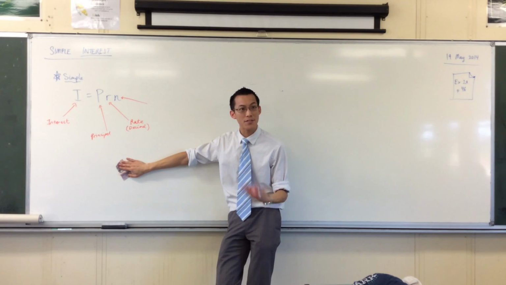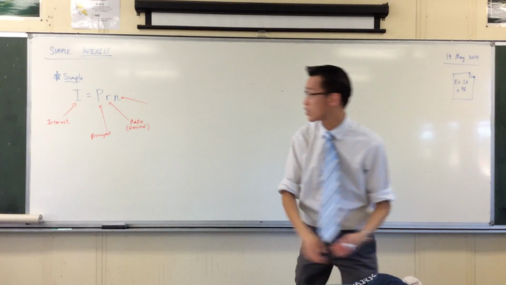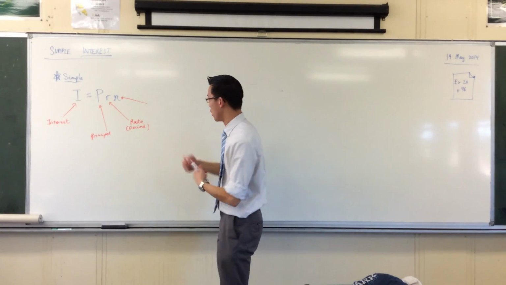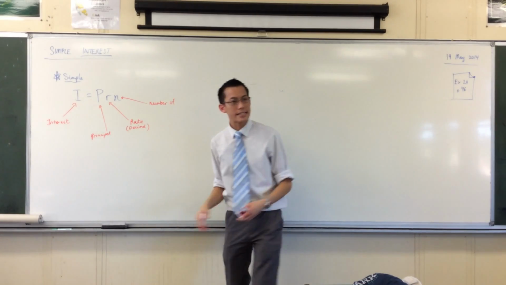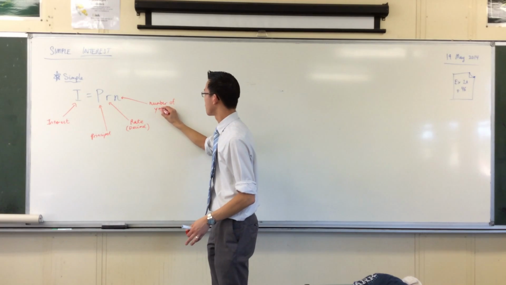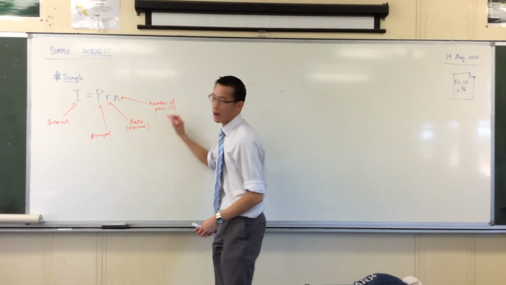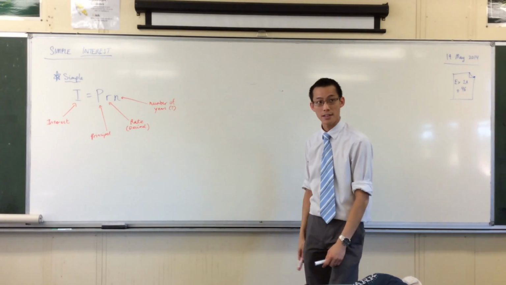So based on an amount of time, I'm going to expect more. So that's what this is about. It stands for number of years. It does tend to be years, but it's not always. It can be other time periods like weeks or months, those kinds of things.